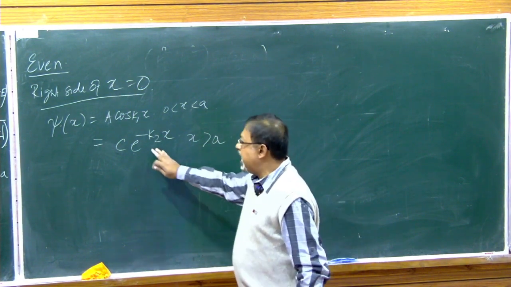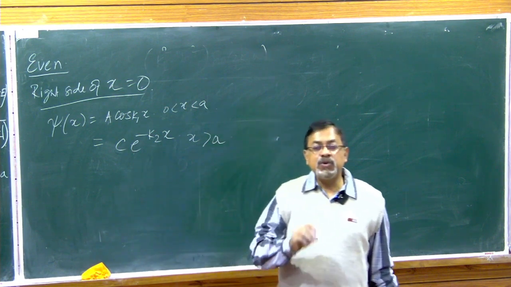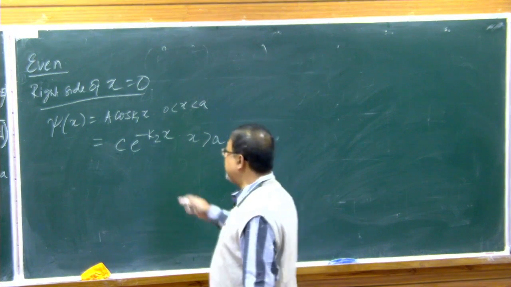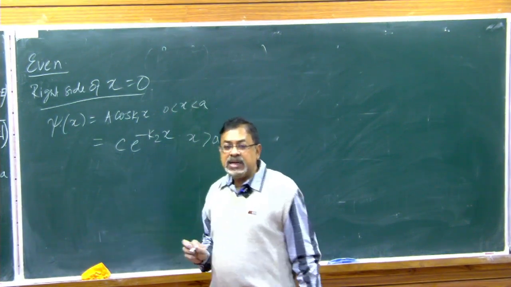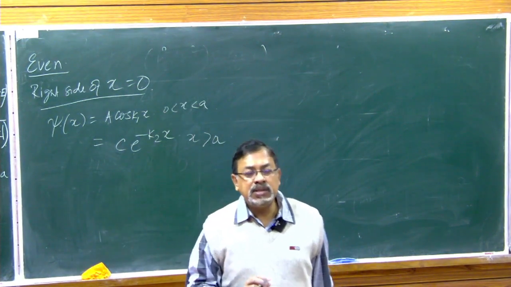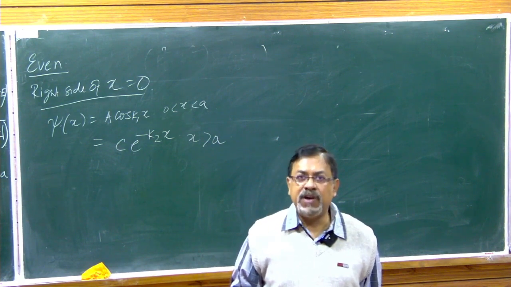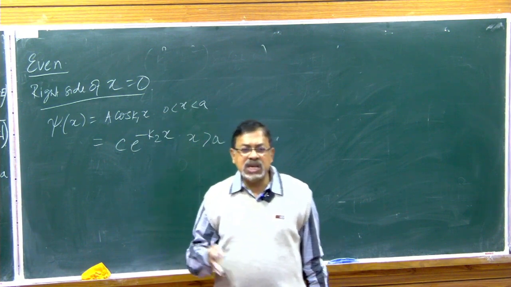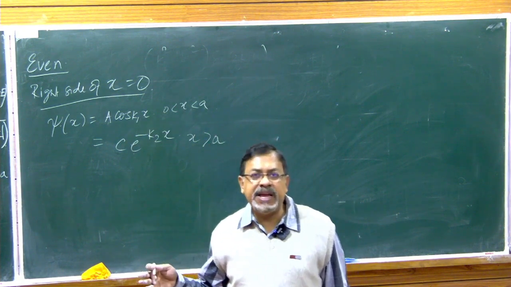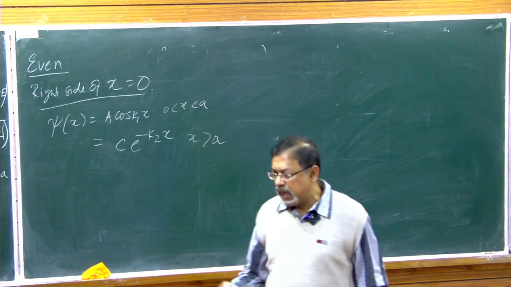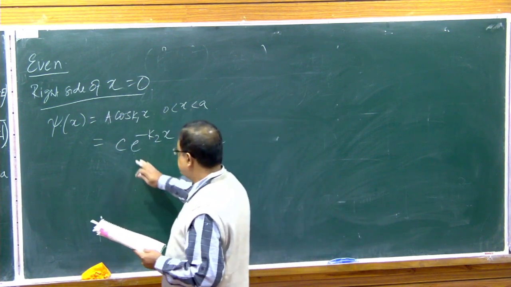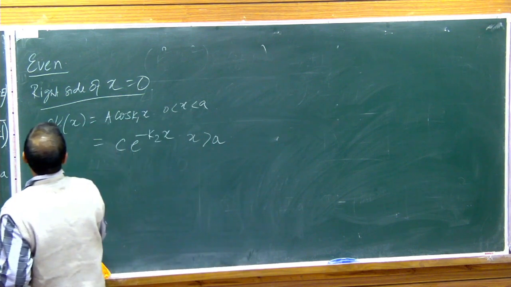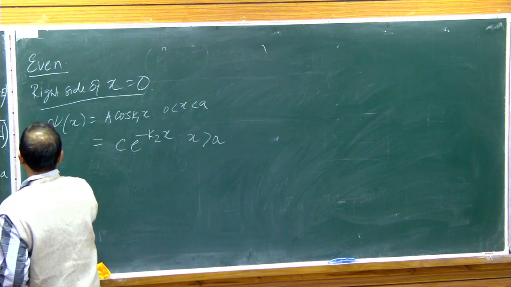This is the only admissible solution, because if you take a plus k2 x, then that will go to infinity as x goes to infinity, and that will hamper the normalization of the wave function. Normalization means the integral of mod psi squared over all space should equal 1. So that is not there. So these are your even solutions, and we'll talk about odd solutions now.